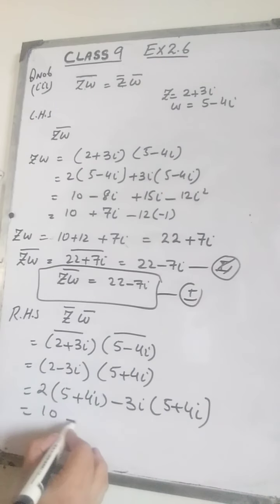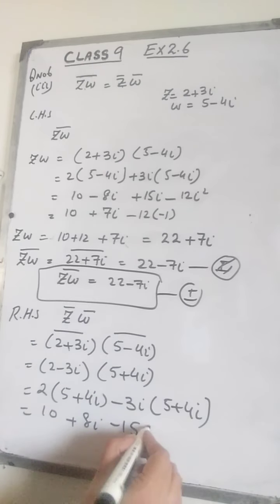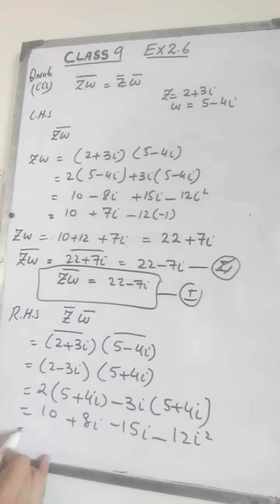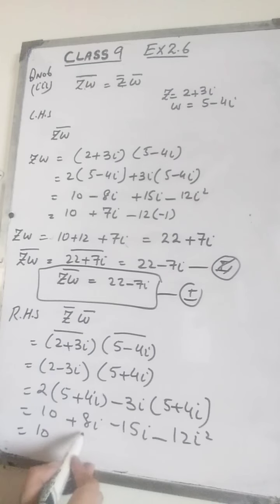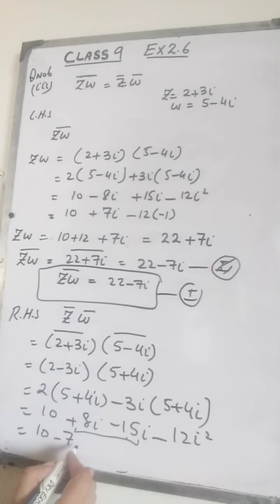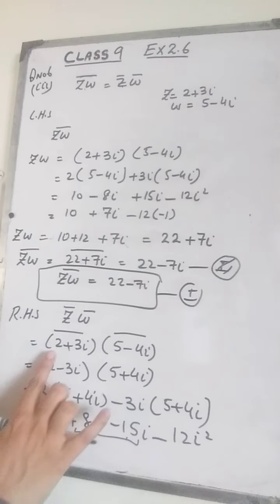2 5s are 10 plus 2 4s are 8 iota minus 15 iota and minus 12 iota square. So if you see, we are getting the same thing. 10 plus 8 iota minus 15 iota. Again here we are going to do the subtraction.